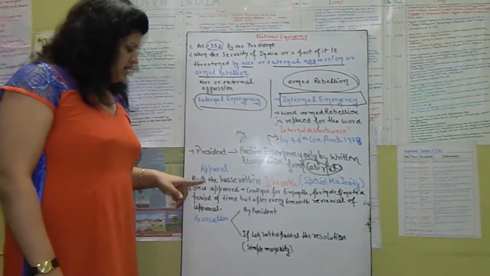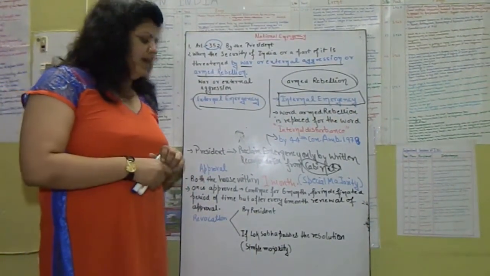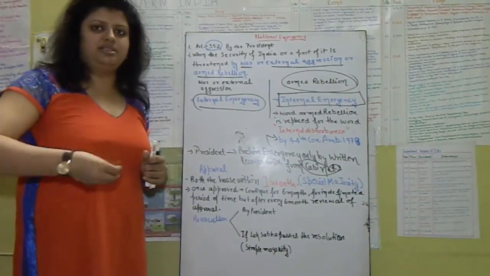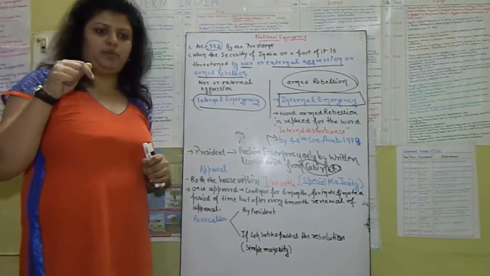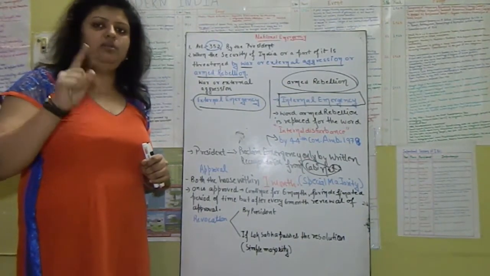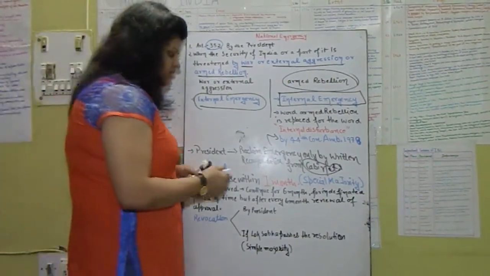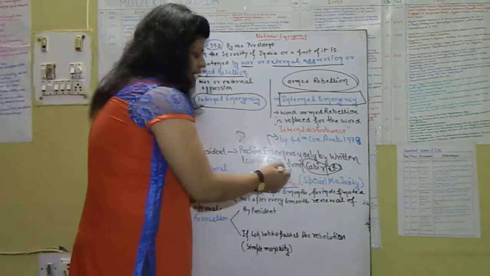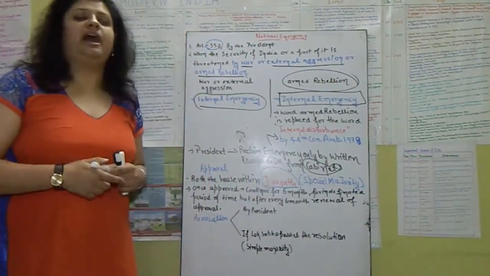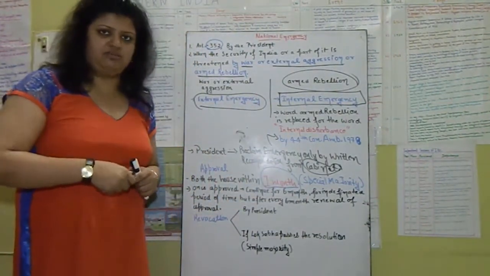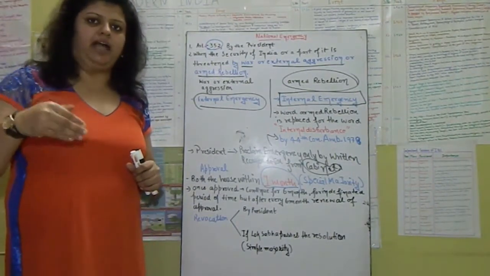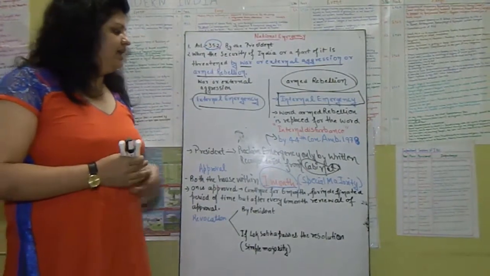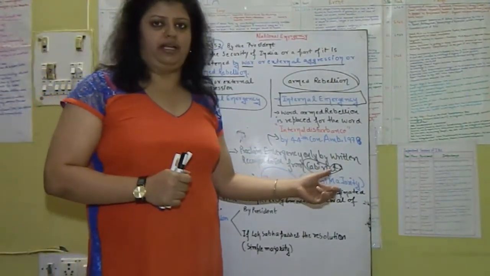First, the approval: once the national emergency is proclaimed, from the date of its proclamation, within 1 month, it has to be approved by both the houses. Both the houses means both Rajya Sabha and the Lok Sabha, both upper and lower house, and that too by a special majority.